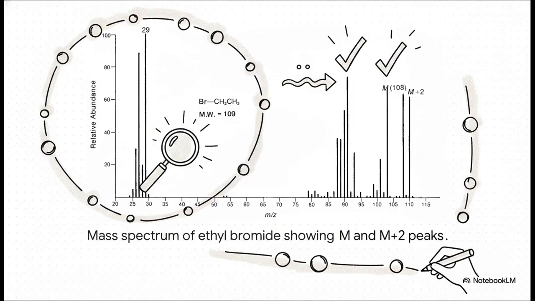See how they are practically identical in height? That near-equal intensity separated by exactly 2 mass units is the definitive smoking gun. It proves, beyond any shadow of a doubt, the presence of exactly 1 bromine atom attached to our ethyl radical. Literally no other element does exactly that.